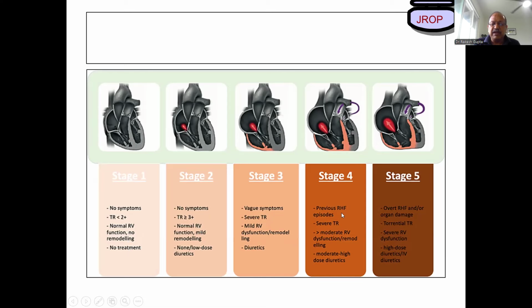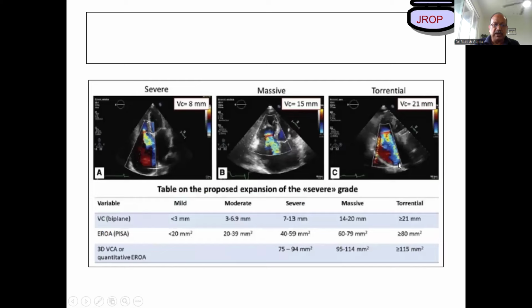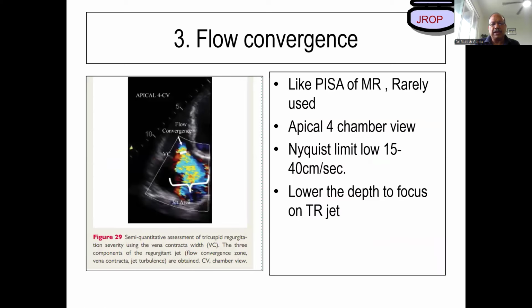Stage 4: previous right heart failure episode, severe TR, moderate RV dysfunction, moderately high dose of diuretics. And here is complete RV dysfunction with high-dose diuretics. So if you have to ask this question, I say mild, moderate, severe, massive or torrential. That's what you need to remember in your clinical practice.